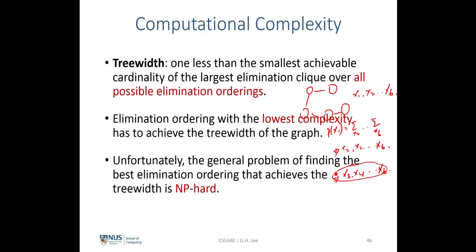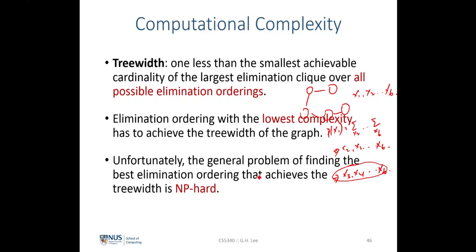This might lead to a very computationally expensive operation in the overall variable elimination algorithm. So the most desired choice would be to choose the elimination ordering with the lowest complexity, that is the lowest tree width, to make sure that the variable elimination is done as efficiently as possible.